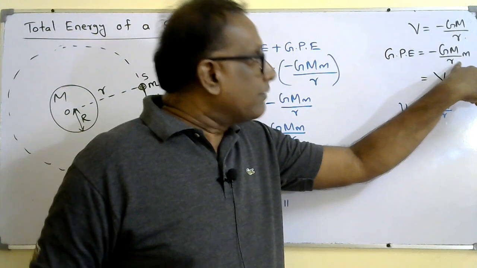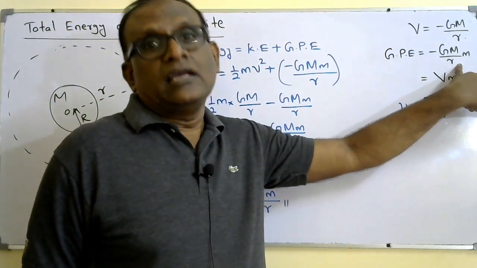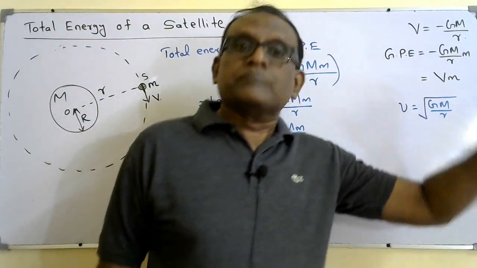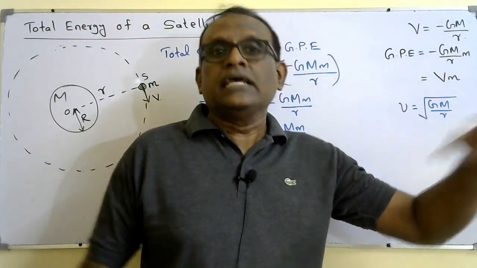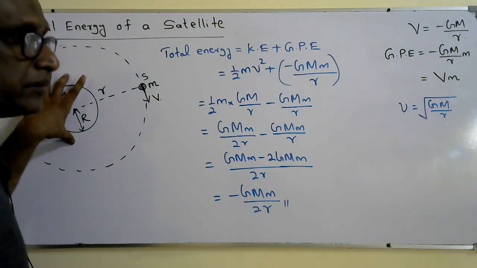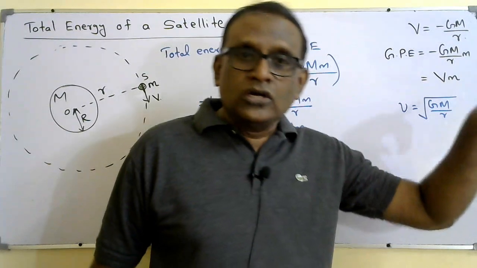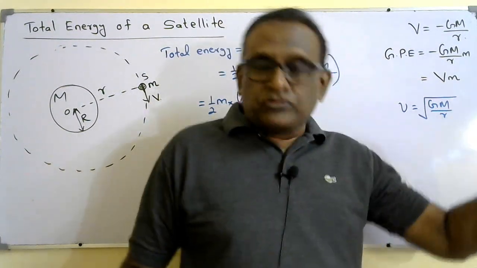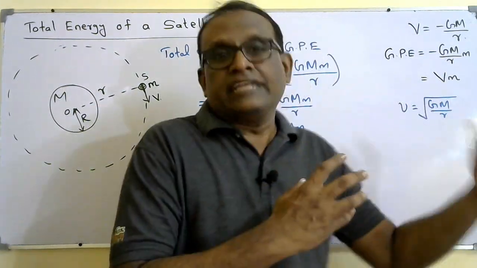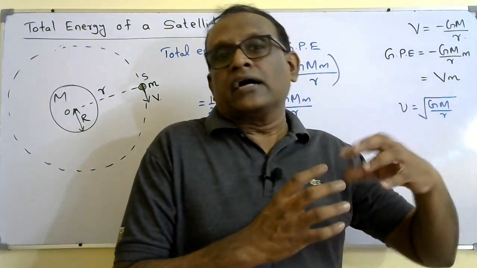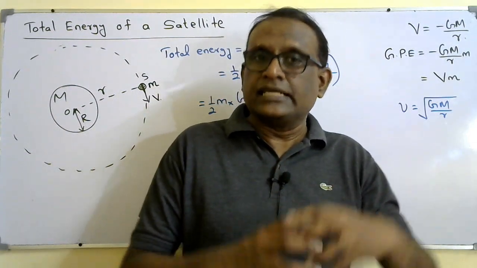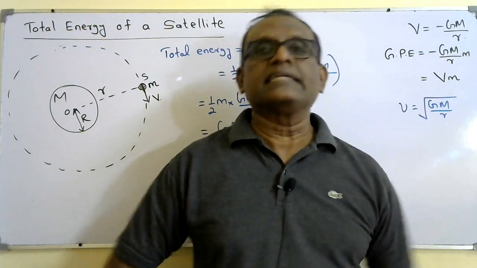So at infinite distance, the maximum gravitational potential energy it could have due to the gravitational field of the planet is equal to 0. So when it is under the influence of the gravitational field of the planet, somewhere closer to the planet, it will have a gravitational potential energy lower than 0. So it has a negative GP. That's not an issue. That is the meaning of why the GP is negative.